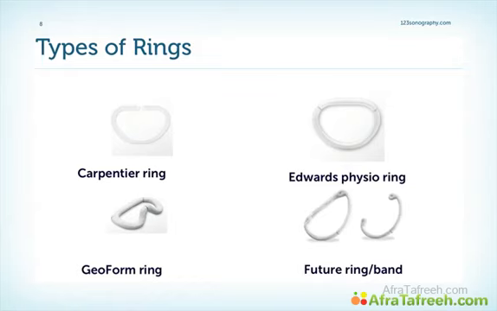There are many different rings on the market, and I guess it's the preference of the surgeon which ring is really implanted. One of the first rings that were used, and a ring which is still frequently implanted, is the so-called Carpentier ring. It is open on one side. And then there are rings which adapt to the anatomy of the mitral valve orifice, and which are also more flexible and therefore can adapt to changes in the orifice during systole and diastole.